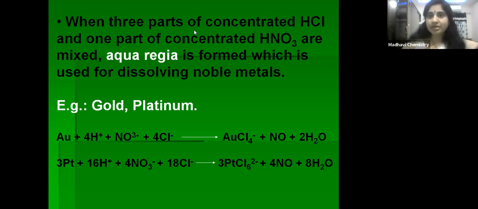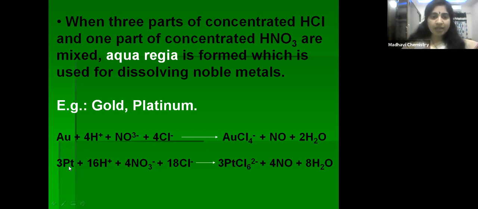What is Aqua Regia? 3 parts of HCl and 1 part of concentrated HNO3. Right? So what is the reaction? Gold, when it reacts with H plus, NO3 minus and Cl minus, gives rise to AuCl4 minus plus nitric oxide plus H2O. Because of the formation of this product, gold dissolves in 1 part of nitric acid and 3 parts of HCl, that is called Aqua Regia.